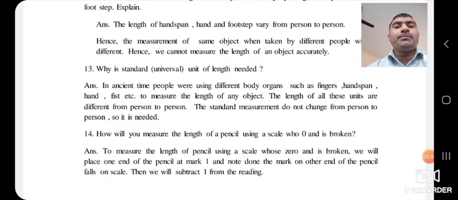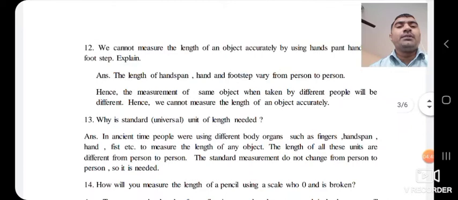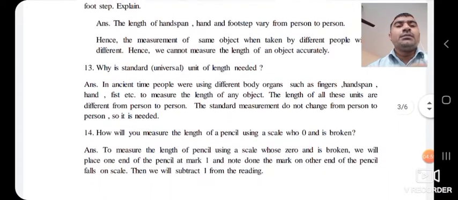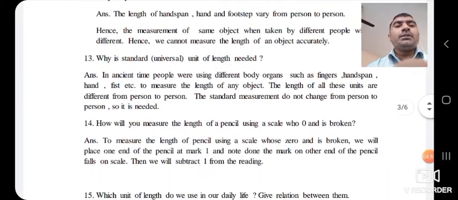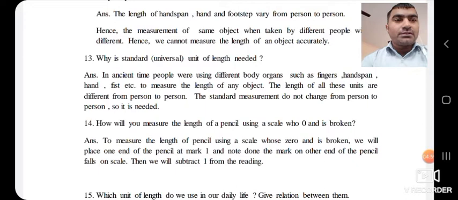And if you take a hand span or footstep from person to person, it varies, it is not the same length. So the measurement of the same object when taken by different people will be different, because the length of body organs is not the same.